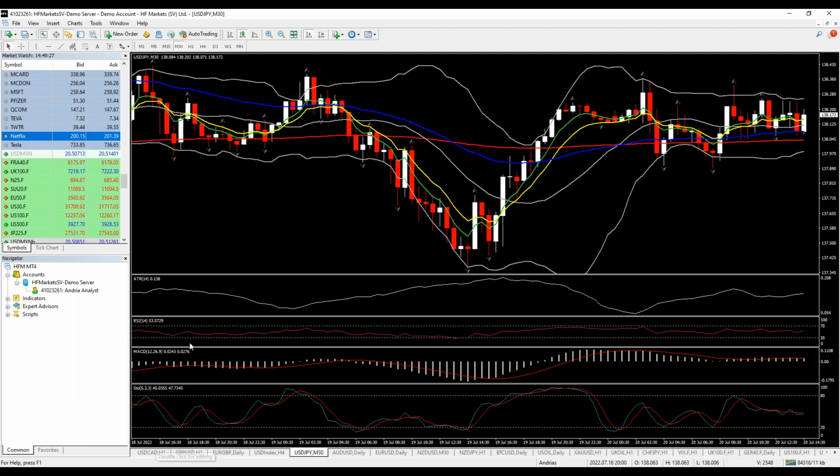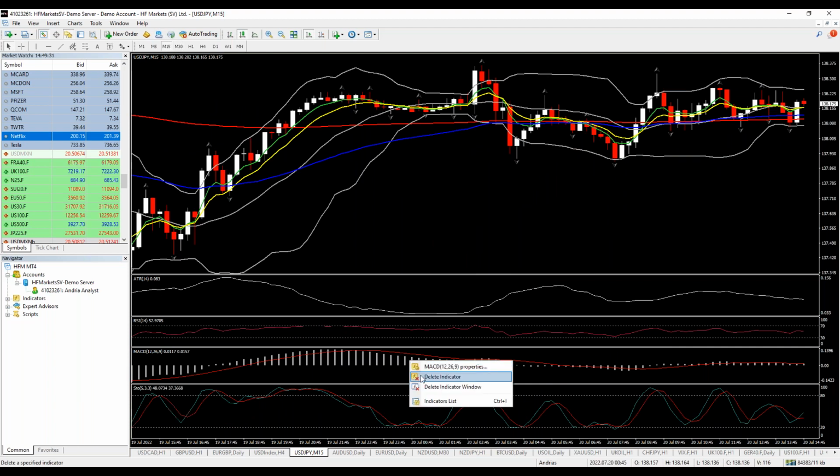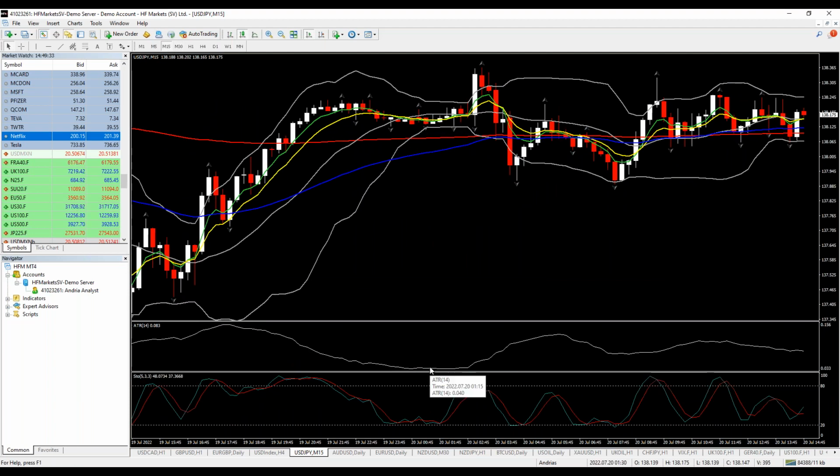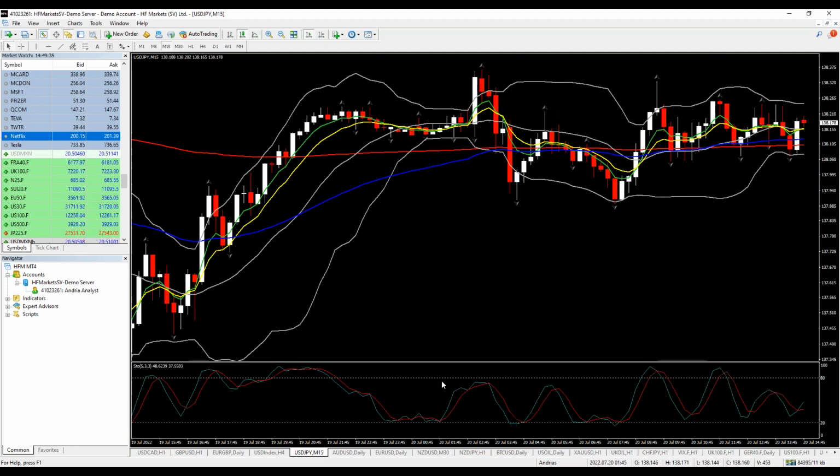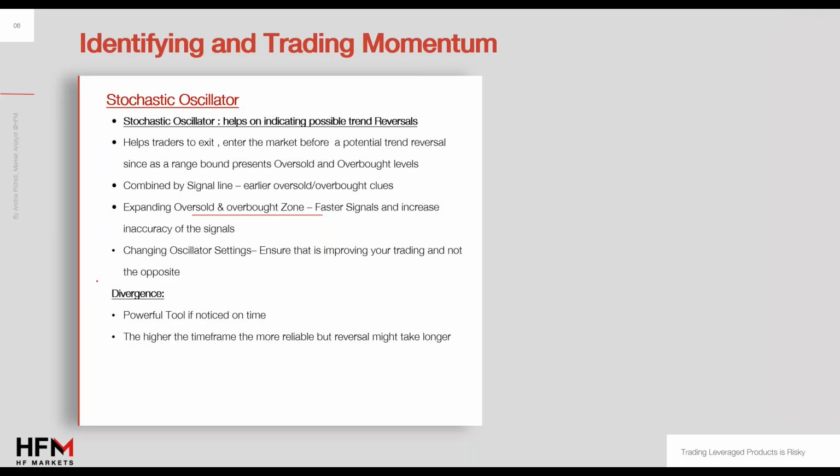That's the reason why I changed my stochastic, because I'm using it for intraday analysis. But if you're using it for daily, 4 hour, or even weekly, you can keep the default ones. So it's a very powerful tool. You can also identify divergences with it.